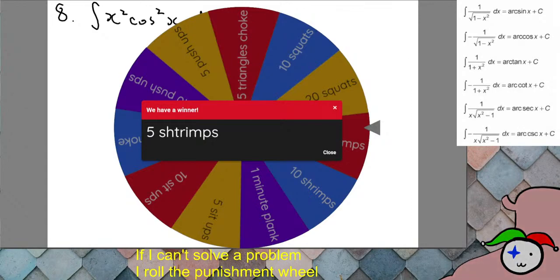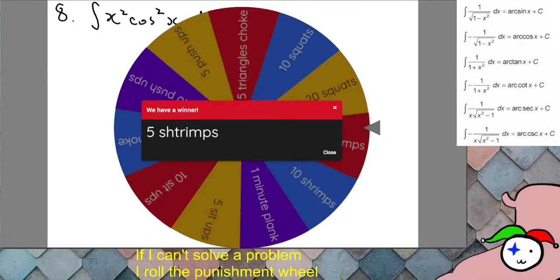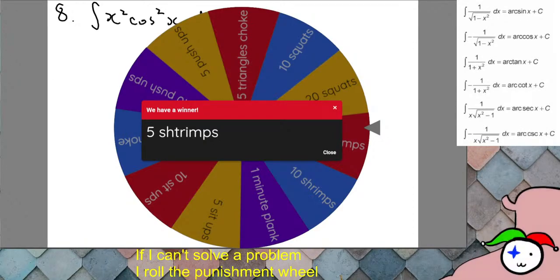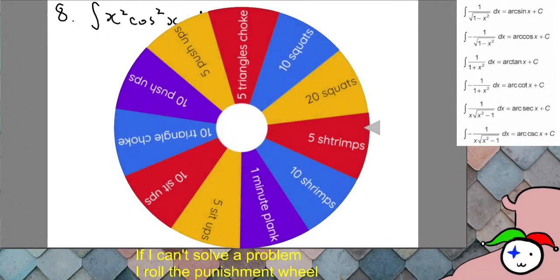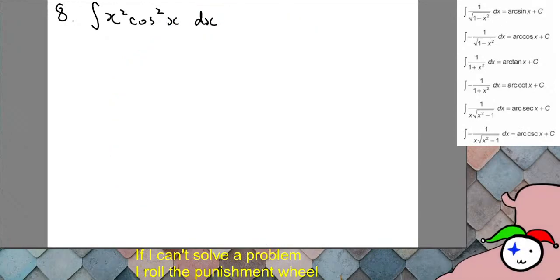Alright. Ready? 1, 2, 3, 4, 5. Alright. That felt a little bit better. Alright, now that the punishment's over, we can figure out how to solve this.